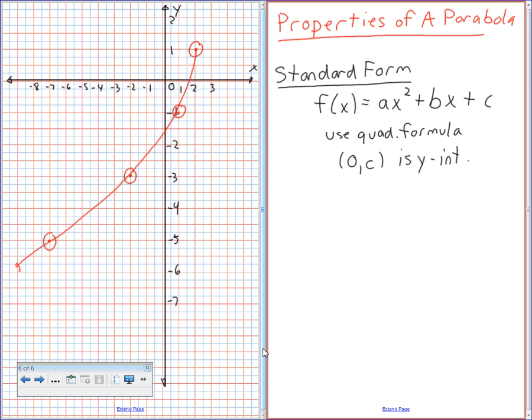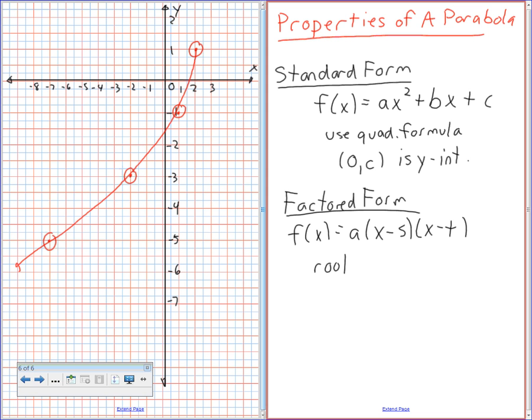Factor form we're also going to talk about here today quickly, which is going to be f of x equals a(x minus s)(x minus t). My roots are going to be (s, 0) and (t, 0).